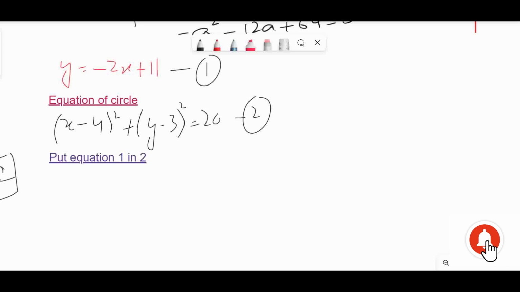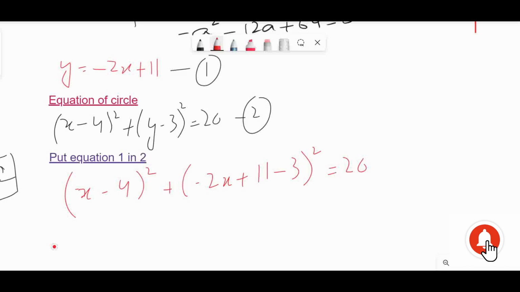So we will get x minus 4 whole square plus, we are just putting the value of y over here. Let's simplify this one.